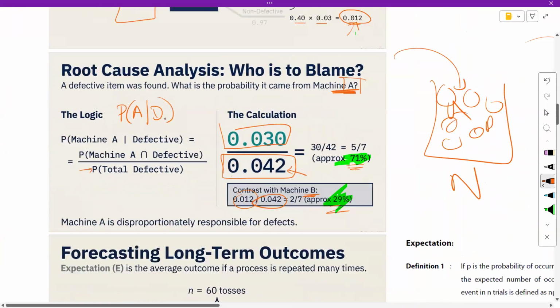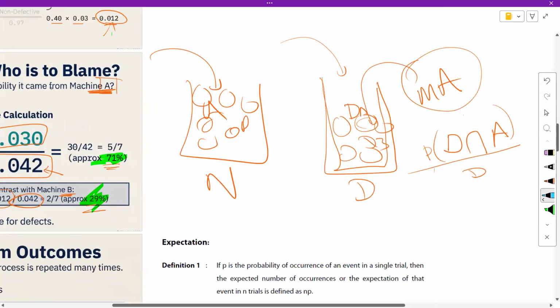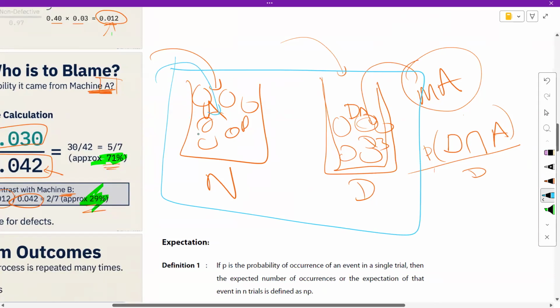So you see this basket, altogether 100%. It is divided here. Normal items are put here. This includes items produced by machine A and machine B. Here are all defective items from machine A and machine B. Out of these items, randomly choose one defective item. That item belongs to machine A. Here the sample space is all defective items.